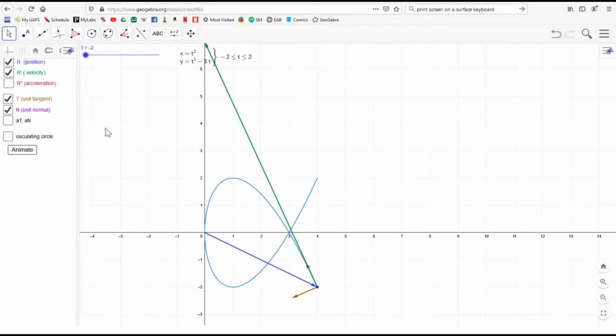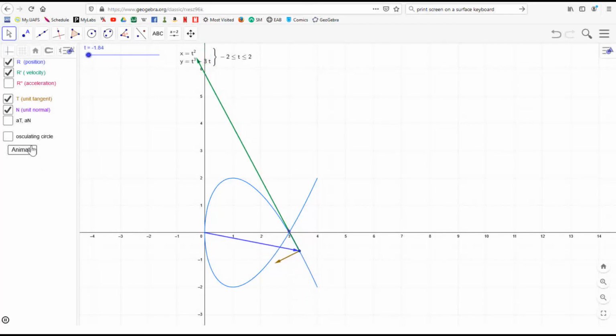So we just have the velocity vector here, and notice that the green velocity vector is going to be changing in length, but if you always scale it down to a length of 1, you get this unit tangent vector T, which is right here, and then this is just a perpendicular to that. Okay, and so again, I'll animate that, and so you can see that as it goes around here.